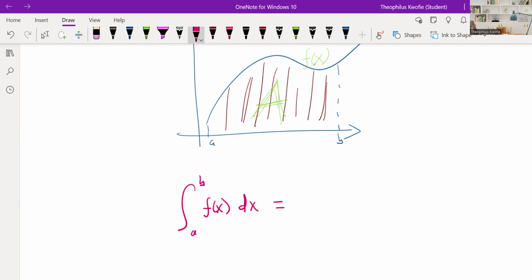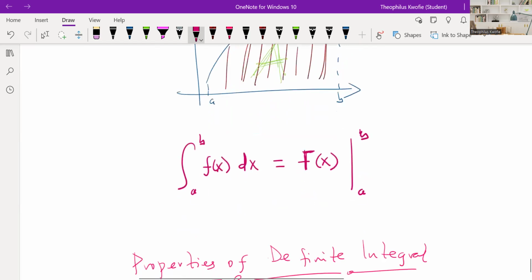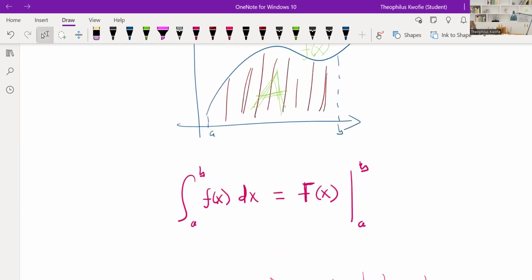When we find the integral of the function of x, we're going to have big F of x. Then we evaluate it at the endpoints: first we sub in the upper limit, then we subtract the lower limit from it.